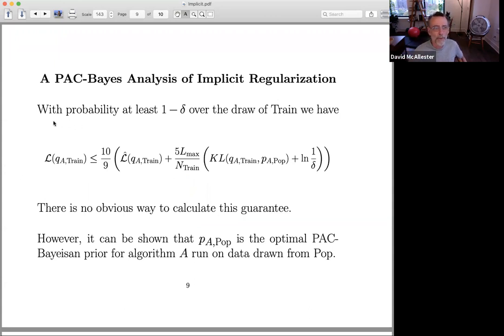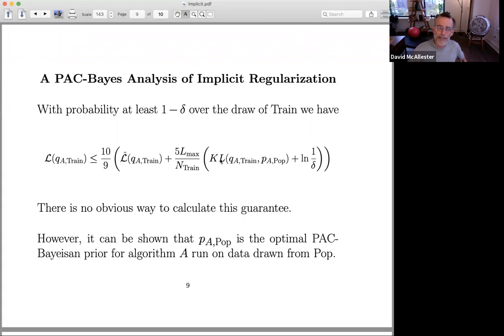So what we get is that with probability at least 1 minus delta over the draw of the training data, we're going to have that the generalization loss of whatever this algorithm learns, remember, we're just fixing an algorithm and we're fixing a population, the test loss of whatever this algorithm learns when you learn on the training data, is, applying our standard formula, a number near 1 times the training loss of the result of running the algorithm on the training data, plus the standard multiplier.